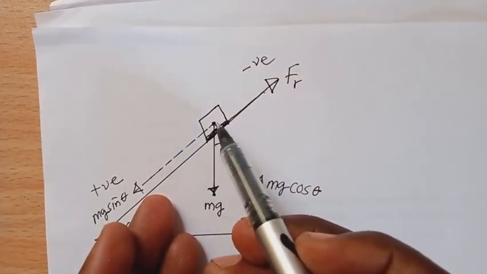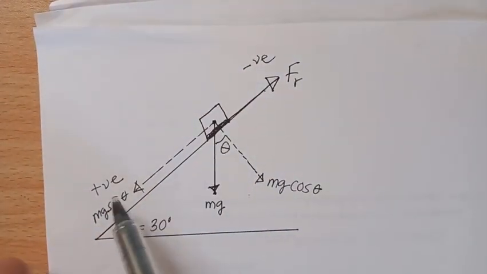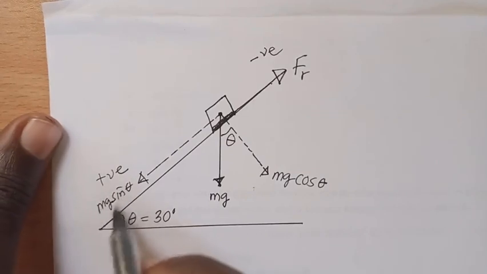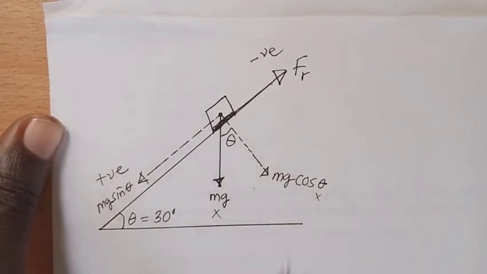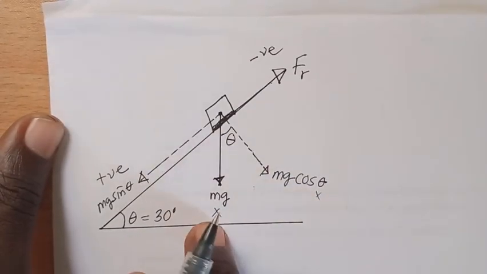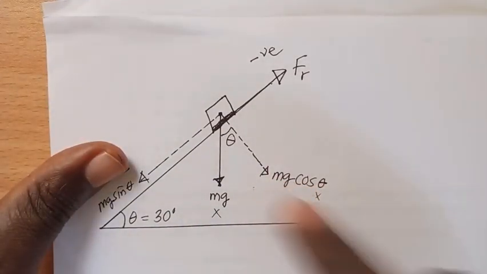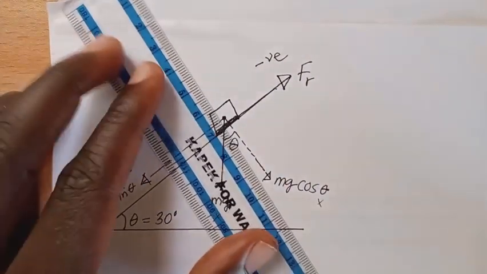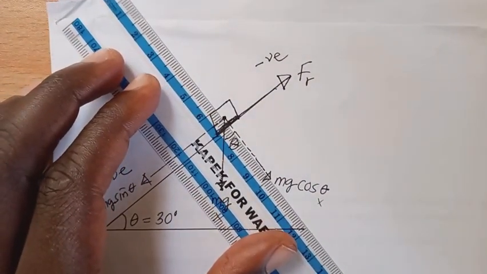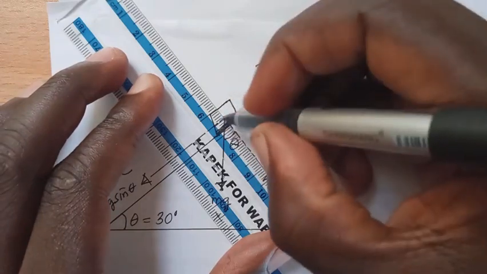If the block covers a distance along here, it is due to the influence of mg sin theta, not this one, not this one. Okay, we are not going to consider this and this. The significance of this one is that it is equal but opposite to the normal reaction.